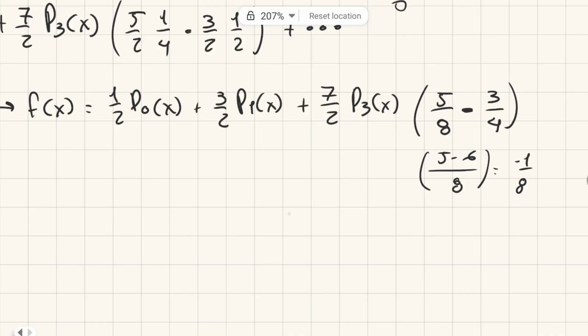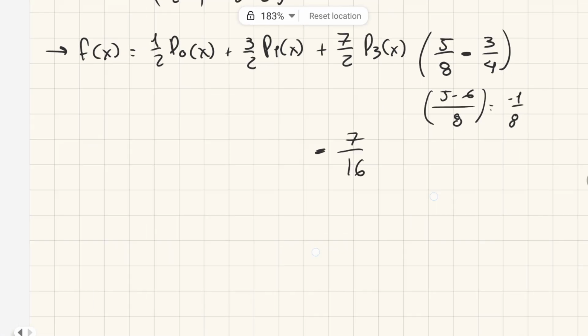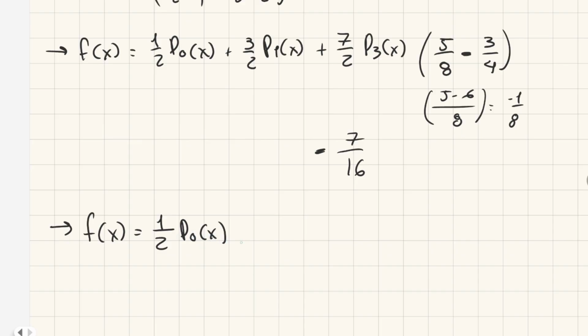So at the end, this element is going to be minus 7 divided by 16. So just to rewrite the result in a more elegant way, f of x is equal to 1/2 p sub 0 of x plus 3 divided by 2 p sub 1 of x minus 7 divided by 16 p sub 3 of x, and then we keep going.